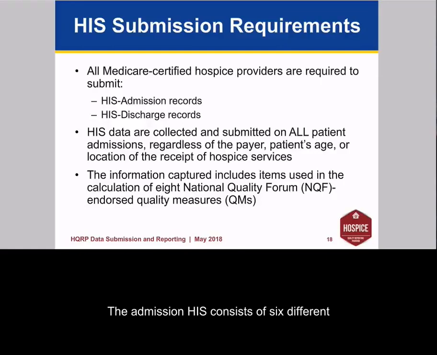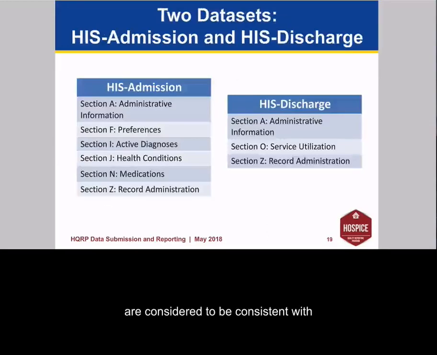The admission HIS consists of 6 different sections of information that are captured by the hospice during or upon the admission of a hospice patient. The discharge HIS consists of 3 sections of information that are captured upon the discharge of the patient. The information is used in the calculation of 8 National Quality Forum, or NQF, endorsed quality measures, or QMs. These measures are considered to be consistent with high-quality care for hospice patients.